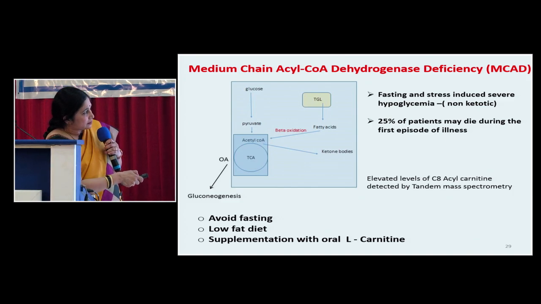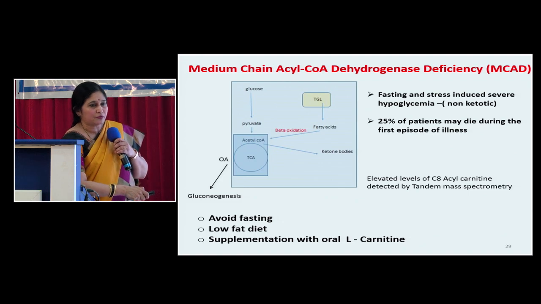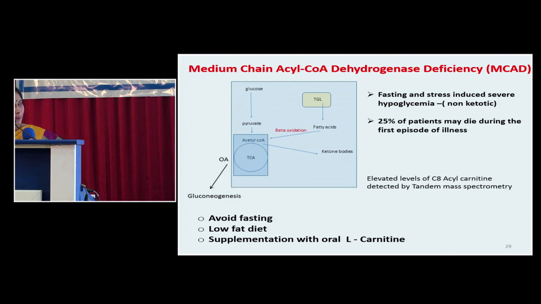Here these fatty acids are not broken down, which leads to non-ketotic hypoglycemia. Because of the block, fatty acids cannot be converted to acetyl CoA, and from acetyl CoA ketone bodies cannot be formed. So there is non-ketotic hypoglycemia.